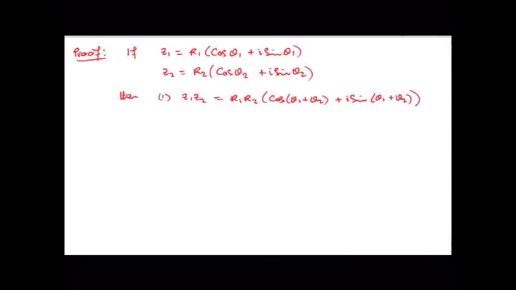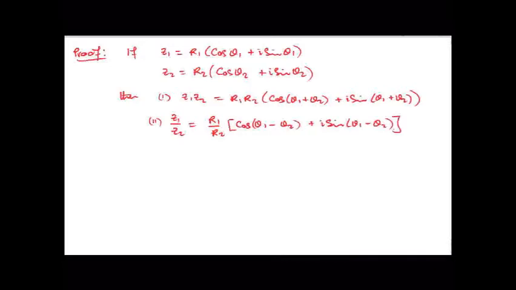So that's the first thing I'm going to prove. And then I'm going to ask you to prove this one for homework. It's a little bit harder, so it's a bit of a challenge for you. z1 divided by z2 is r1 over r2 into cos of theta 1 minus theta 2 plus i sine of theta 1 minus theta 2.